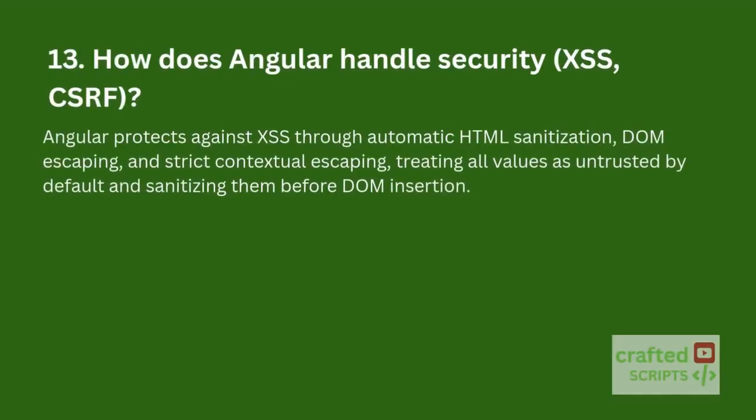Question number 13. How does Angular handle security, XSS, CSRF? Angular protects against XSS through automatic HTML sanitization, DOM escaping, and strict contextual escaping, treating all values as untrusted by default and sanitizing them before DOM insertion.